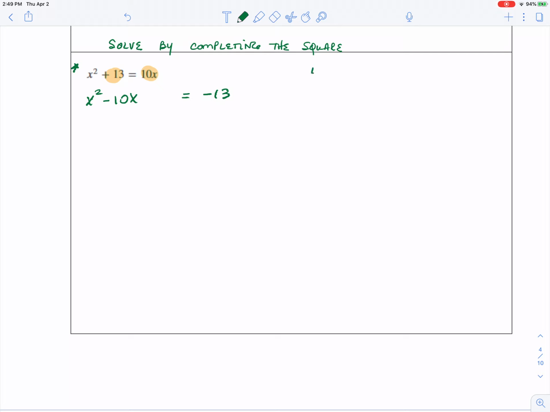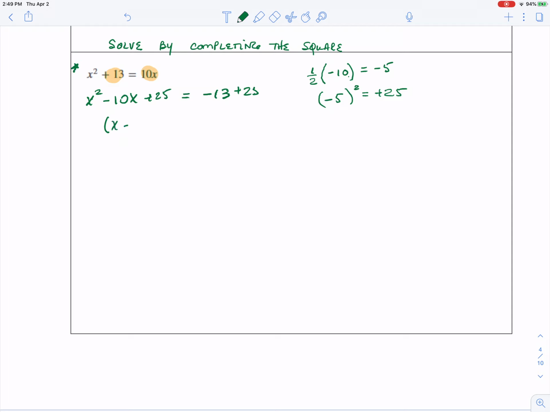And then quickly, I'll go this far and then I'll stop. When you take half of negative 10, you get negative 5. When you take negative 5 and square, you get positive 25. And that positive 25 is what you add on to both sides.